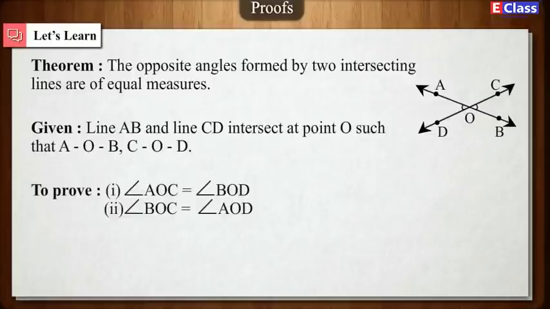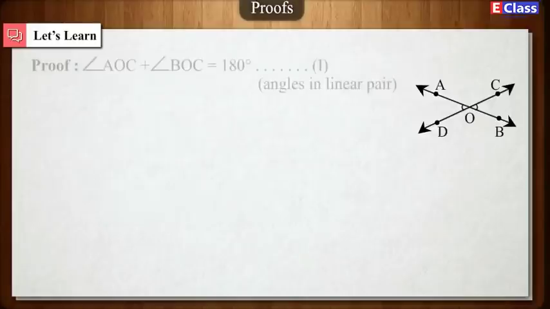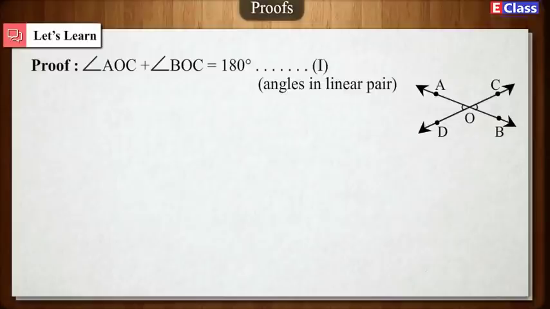1. Angle AOC is equal to angle BOD. 2. Angle BOC is equal to angle AOD. Proof: angle AOC plus angle BOC is equal to 180 degrees, by angles in linear pair.